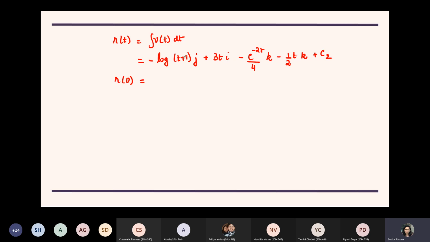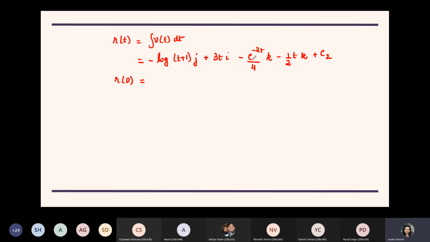Now r of 0 from this: when you put t as 0, the first term, the i component, becomes 0, the j component also becomes 0 because you have a log of 1, and in the k component this part becomes 0, so you are left with only this much.